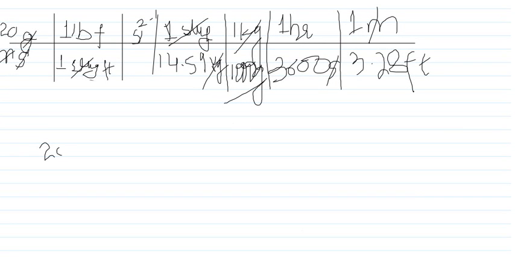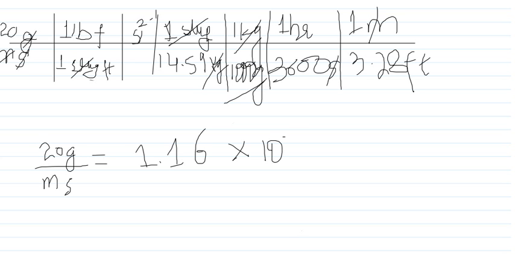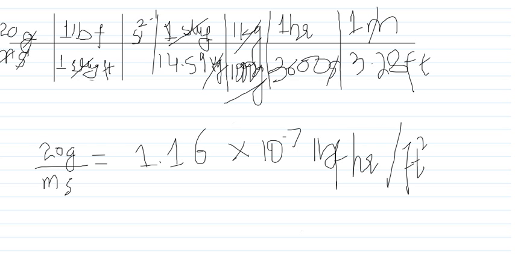So we see that 20 gram per meter per second, by calculating all the variables above, is equal to 1.16 times 10 to the power minus 7 LBF hour per foot square.